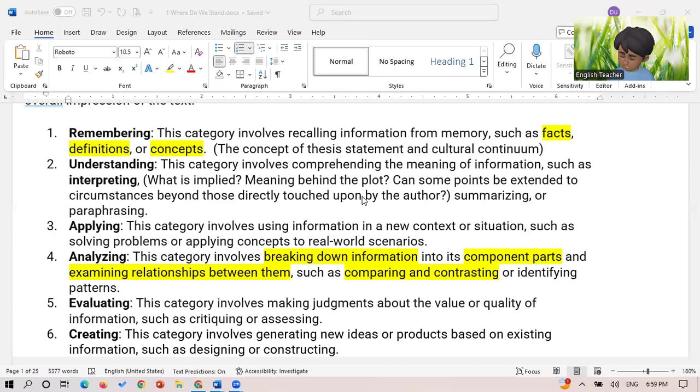Otherwise, there'll be miscommunication when you have a conversation with someone who doesn't belong to your culture. That may be what Lisa Davis is trying to imply. So if you understand that meaning, you understand Lisa Davis' essay. So understanding means extending some points from the essay to circumstances outside the essay.